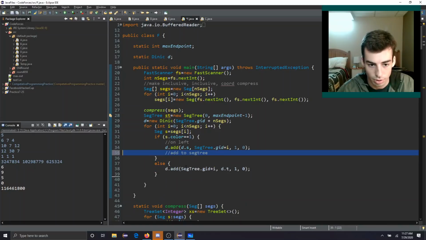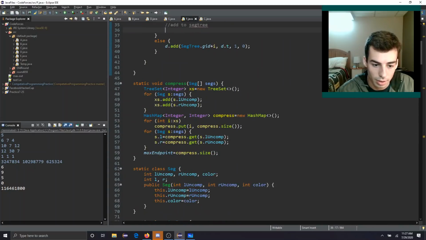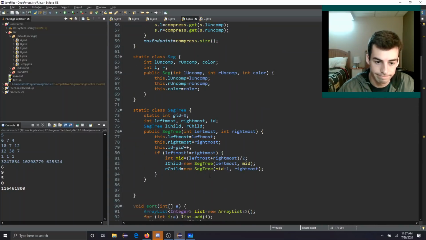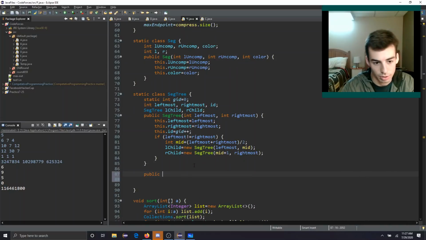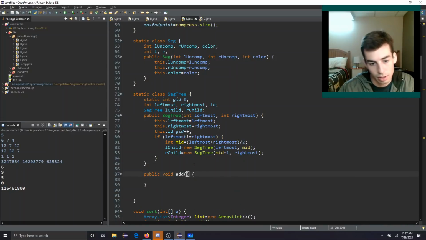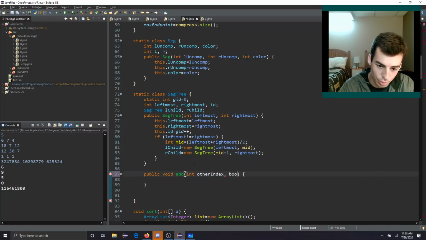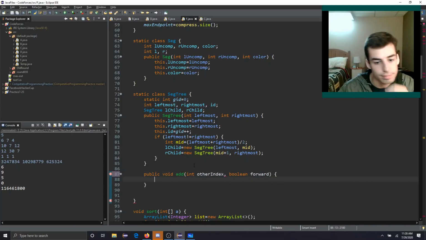Okay, so public void add, int from index, well int seg other index, and then boolean forward.